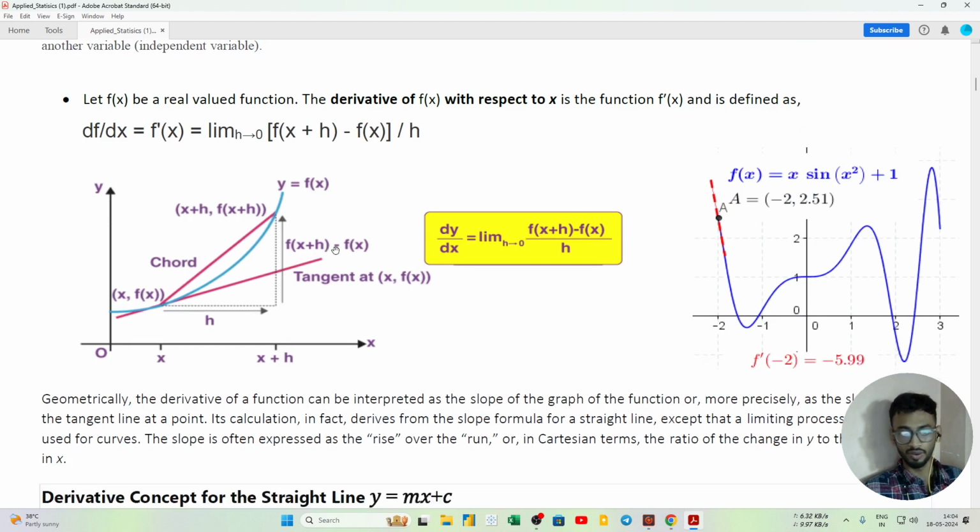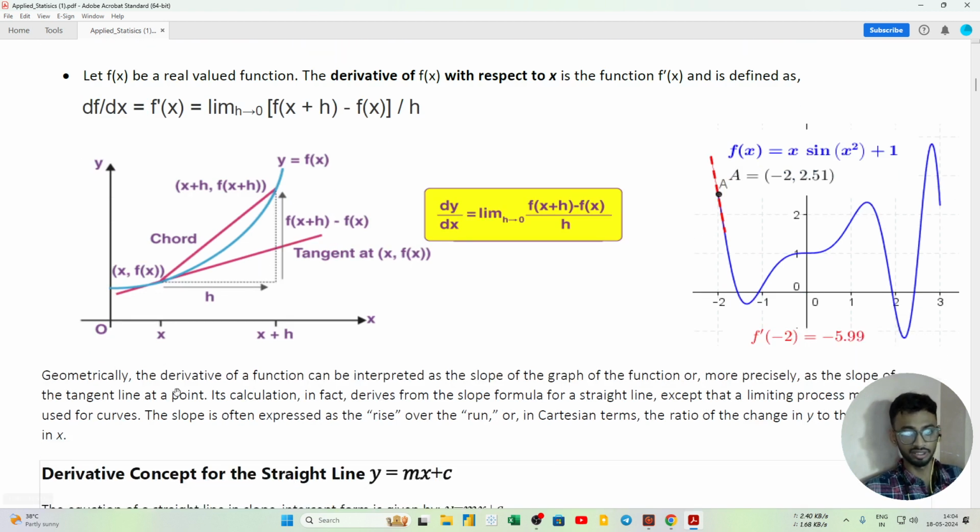Okay, so geometrically, see this picture. This blue line is our function f(x). Consider the function f(x), and the curve of f(x) is the blue line. Then this is a point where the x value is x and the corresponding y value is f(x).